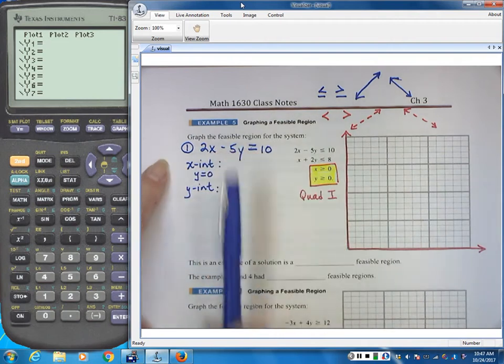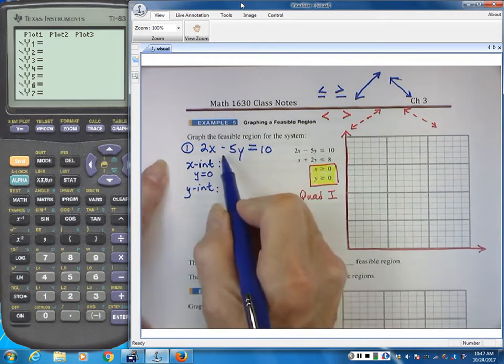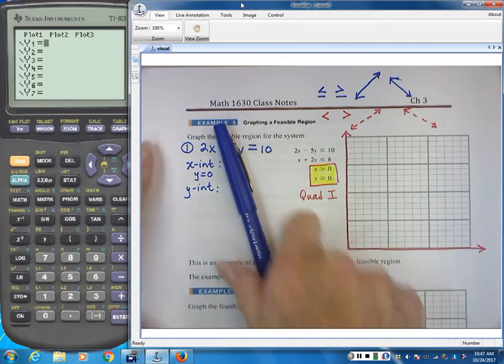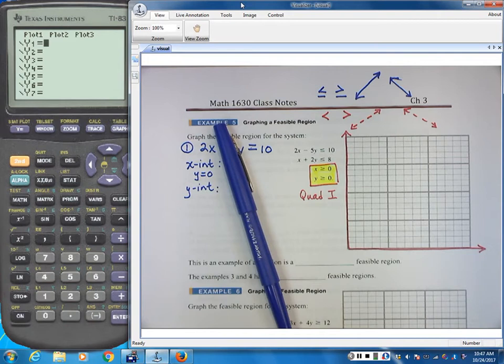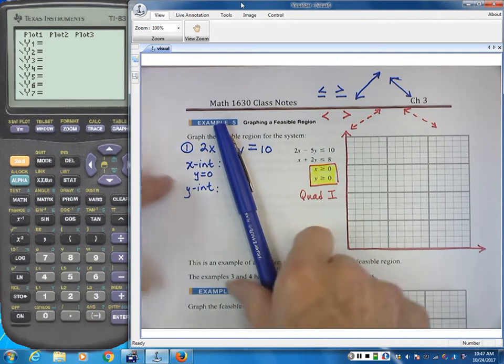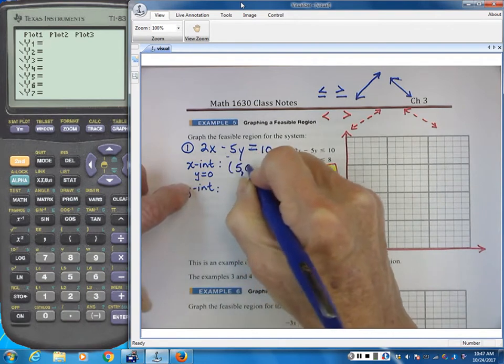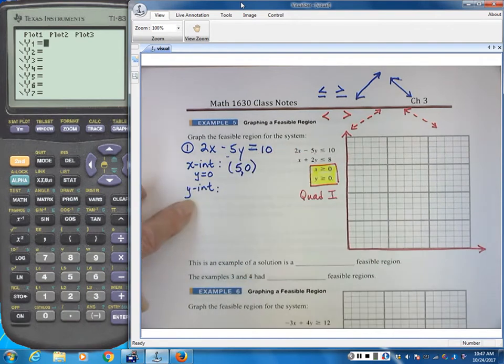And if y is equal to 0, that means that negative 5y is just going to disappear. You can just cover it up with your pencil, and what's left gives you your equation for x. 2x equals 10. That means x equals 5. So that gives us the point (5, 0).